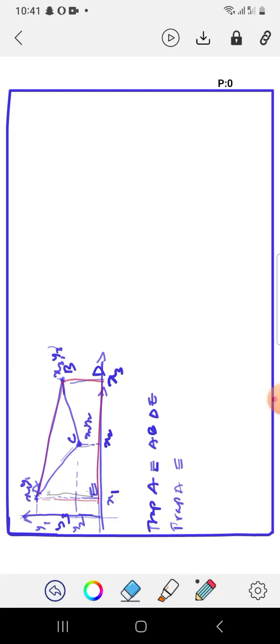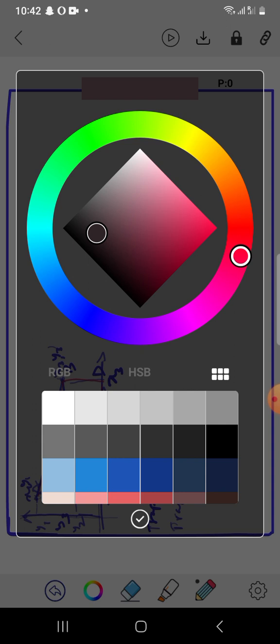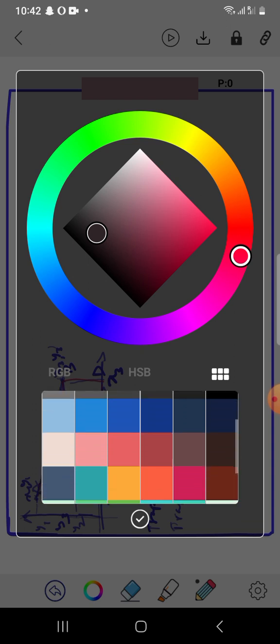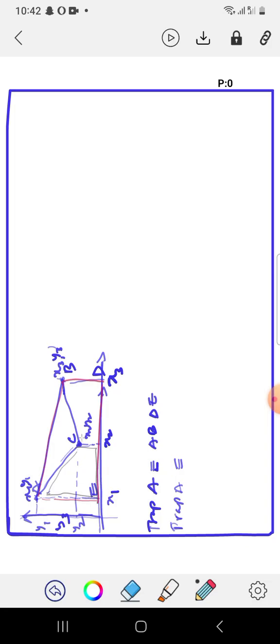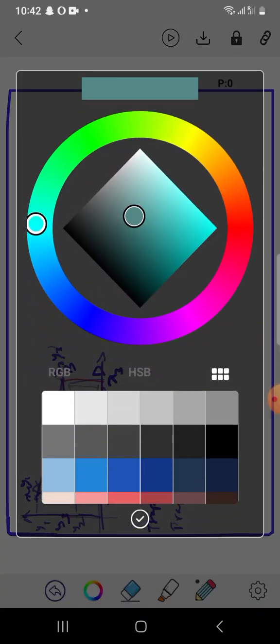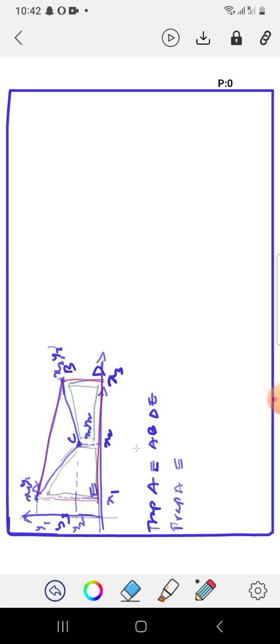So this is the second trapezium. Now let's pick something greenish, something exciting. Now this is going to be my third trapezium. Let me go back to the blue. At least you can now see the trapeziums and where they are.